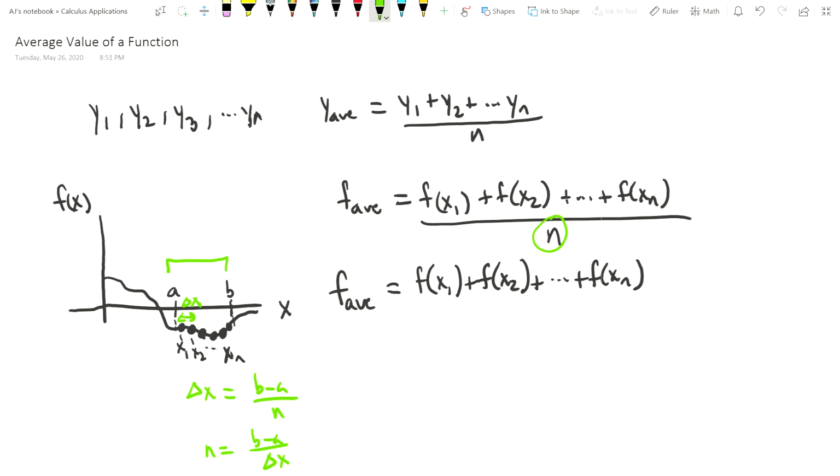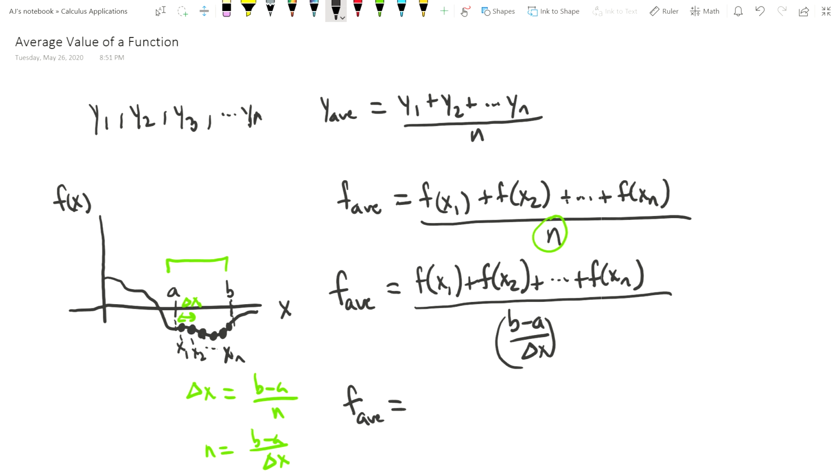Okay, so let's go ahead and plug that in inside the equation that we had before. So this is now going to be divided by b minus a over delta x. Simplifying this, we know that dividing is the same as multiplying by the reciprocal.